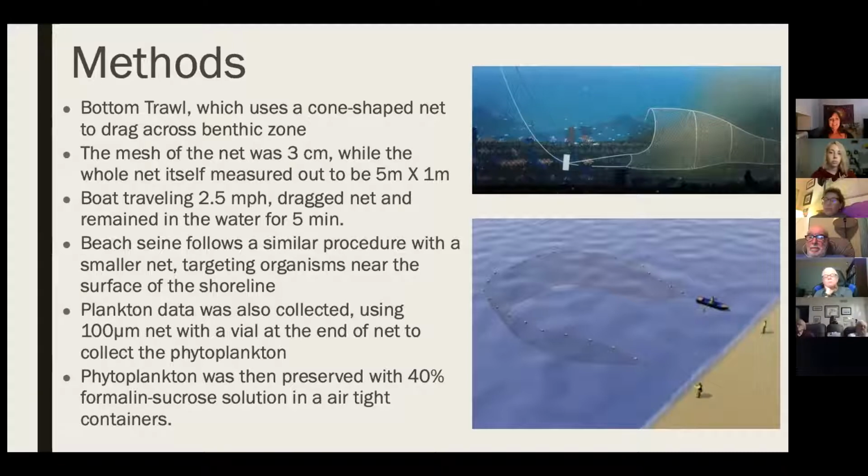And then unfortunately, very unfortunately, what they did was they attempted to preserve their samples in solution, and they did not get the preservation mixture right. And so we actually had 0 results for plankton from their marine life inventory data that they had collected over the last, I'll say at least 10 years, right?